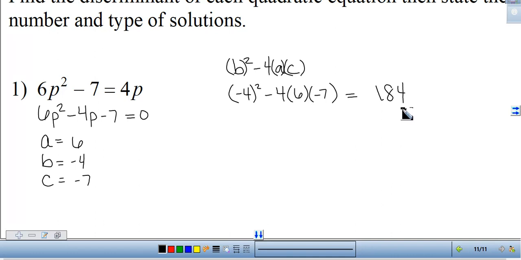So, if you think back to the previous lesson, when the radical remains in the answer, there are two solutions because you do have that plus or minus sign, and those solutions have radicals in them, which make those solutions irrational. So this is the number of solutions, and this is the type of solution.